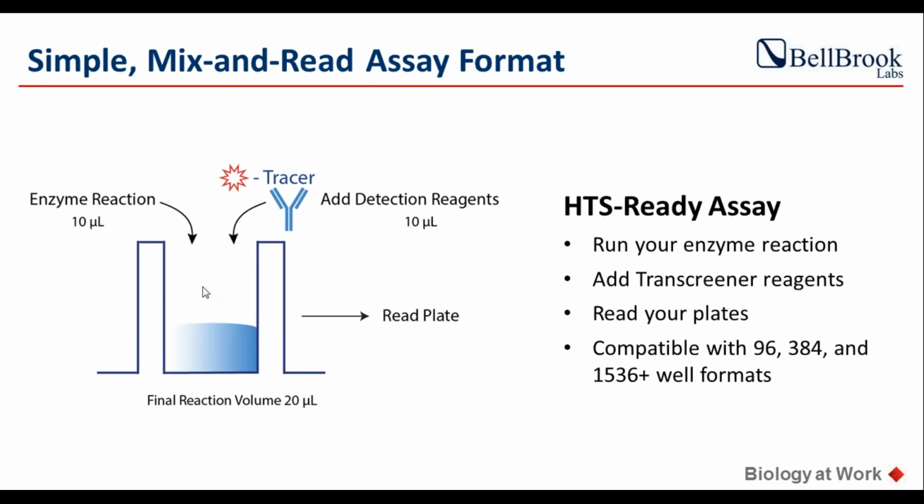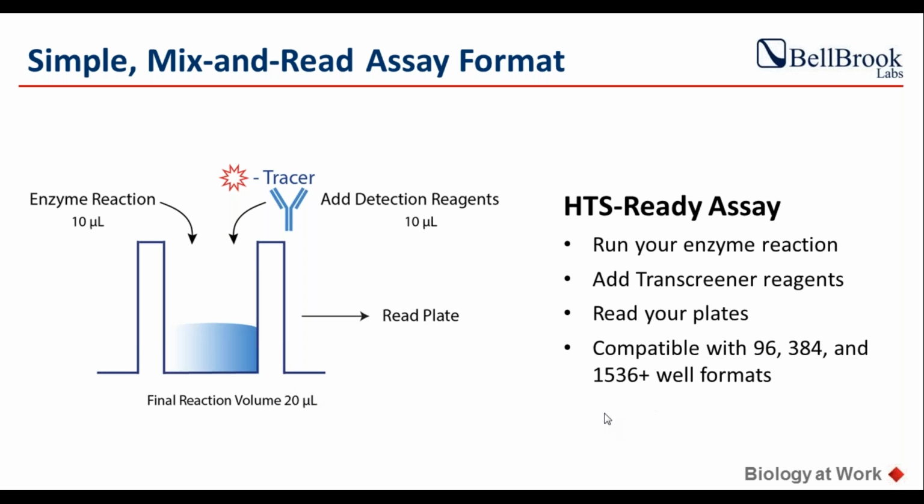Even though at Bellbrook we run all our assays in low volume plates in 384 well format, the assay is compatible with 96 or even 1536 format. If you're running it in 96 well plates, we suggest that you use a half area plate, and you split your reaction as 25 microliter enzyme reaction and 25 microliter detection reagents in a total volume of 50 microliter.